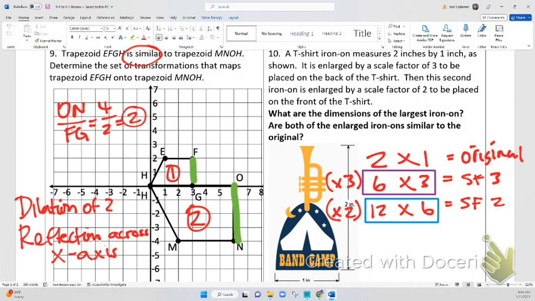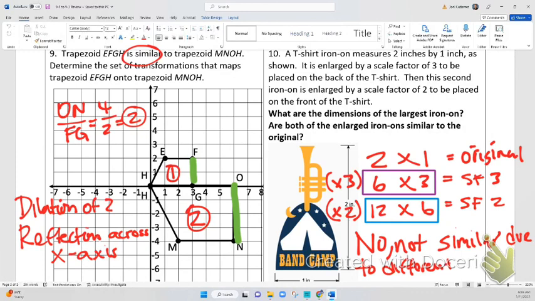Because they have different scale factors, the answer is going to be no, not similar due to different scale factors. And that's it. That's all you need to do for the last question.